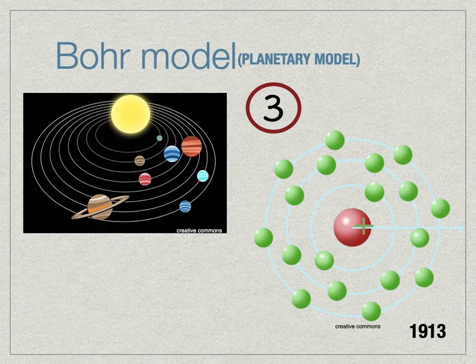And one of the real significant differences that was recognized by Bohr was the nature of these orbits. In the solar system, for orbital distances from the sun, in gravitational systems, energy is continuous. The planets in our solar system are a particular, on average, distance from the sun, but there's nothing saying they have to be there. They could certainly have other orbits, and the physics of that would work out just fine.